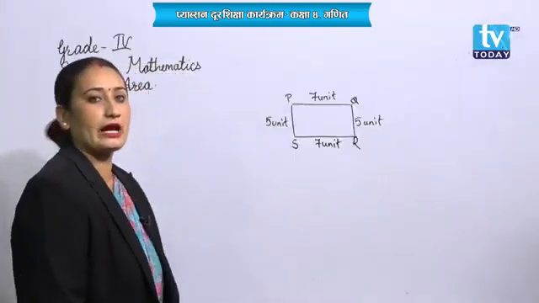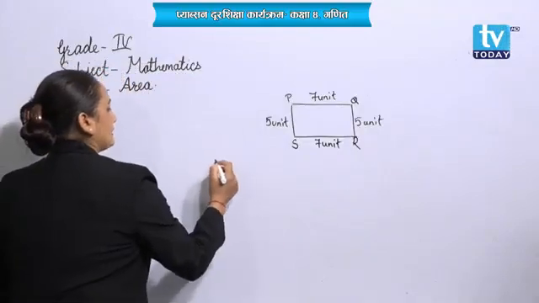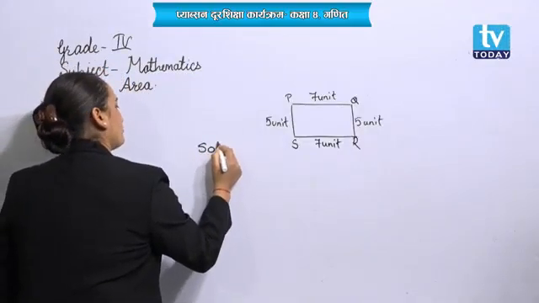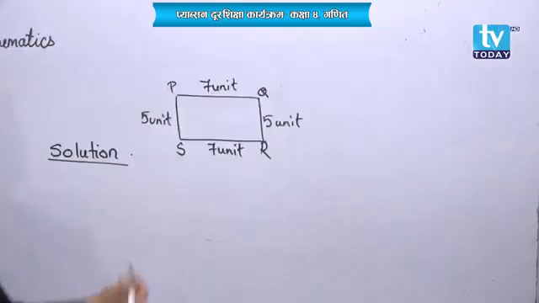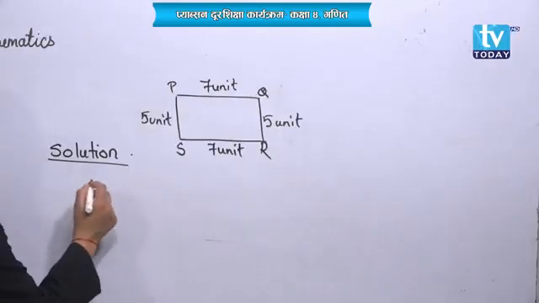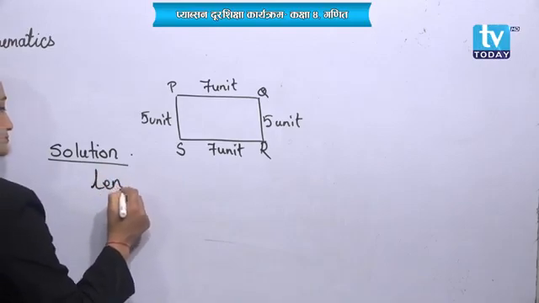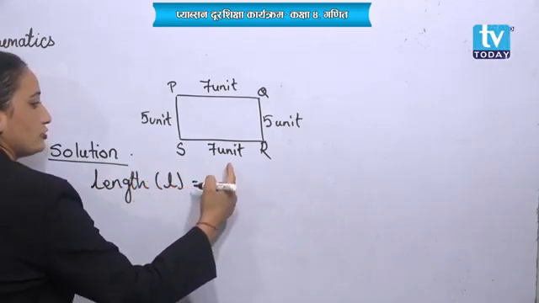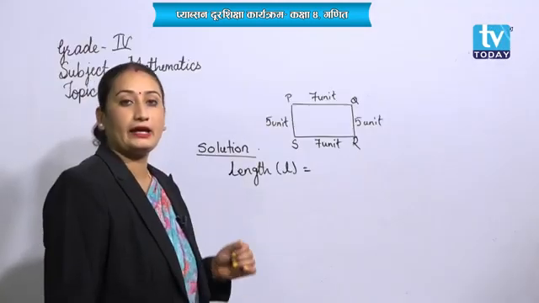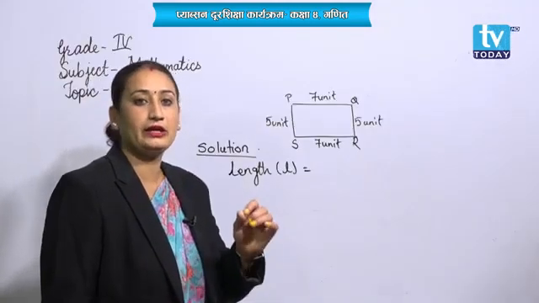So students, you can write it here. Solution: first of all, while writing the answer, you must write down the solution at first. We are solving the problems, right? Please write down the solution over here. And then after that, write down the length. Length L equals how many units? It's 7 units.